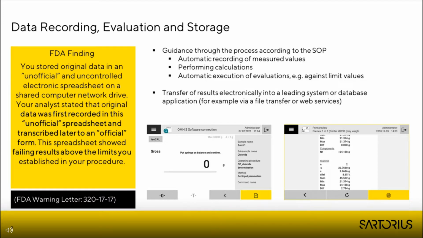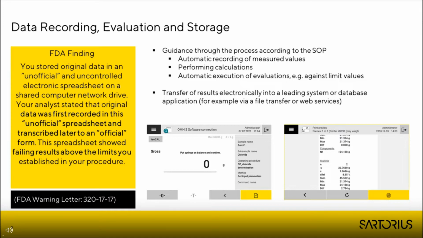When you have a digital workflow, you can make sure that everyone has followed the procedure or your SOP to generate a trusted data record. So the workflow can, on one hand, automatically record the measured values.